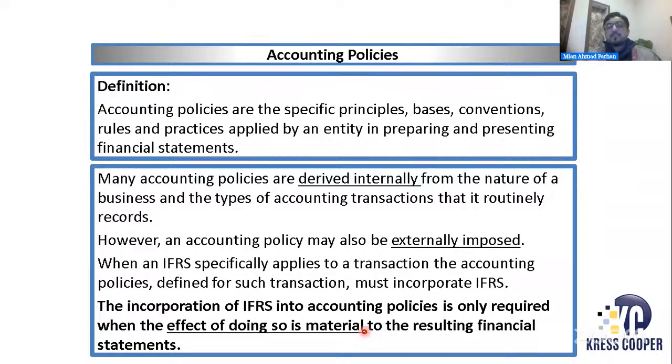The asset is of an immaterial amount, and when we look into its estimated useful life, supposedly 5 years, and say that is of supposedly $1,000, 5 years useful life would give us 200 per annum.